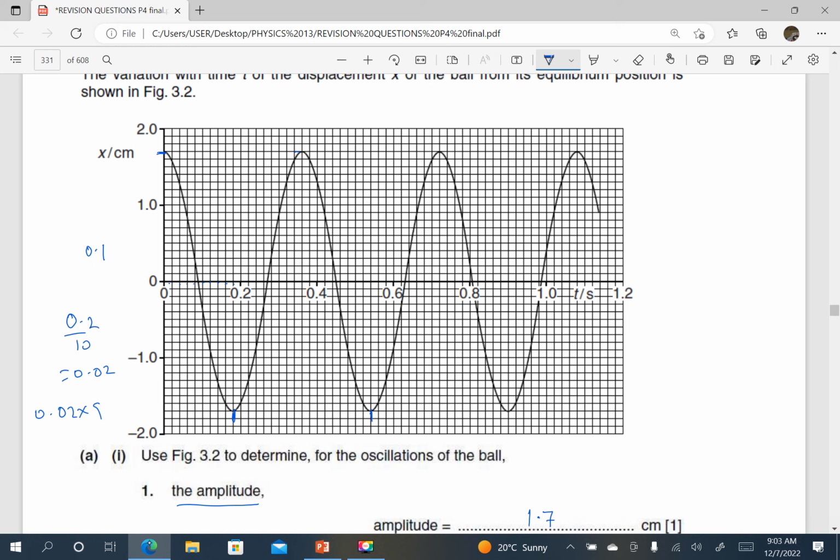That is 0.18. So this value is 0.18. Then I will check this one: 1, 2, 3, 4, 5, 6, 7. 7 small squares from 0.4.